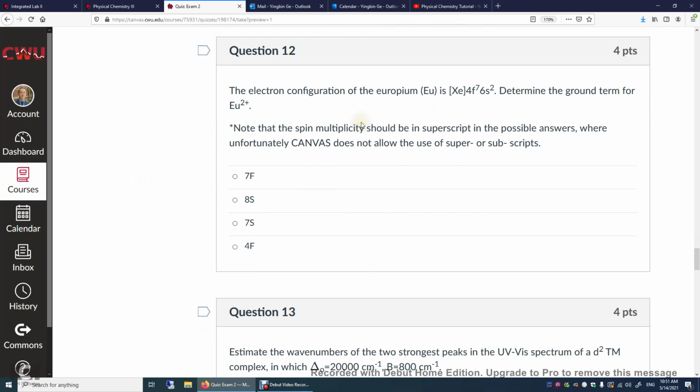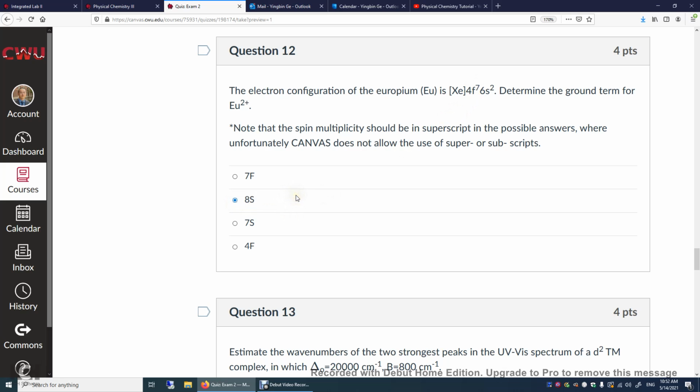Question 12, europium. Determine the ground term for europium 2+. It's 4f7. We have 7 electrons in the f orbitals. Again, it's actually pretty easy to determine the ground term because you can just maximize the spin. S, the spin quantum number S, is equal to 7 times 1/2. That's 3.5. Then the spin multiplicity is 2S plus 1, which is 8.